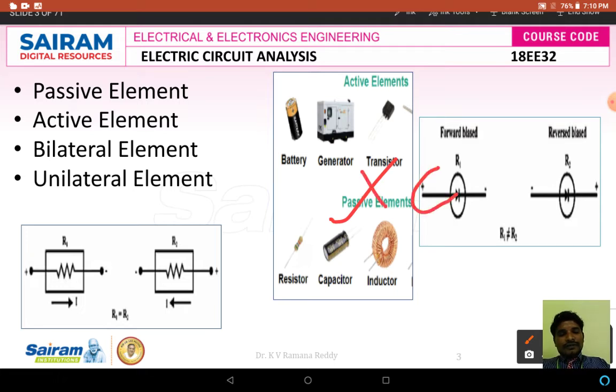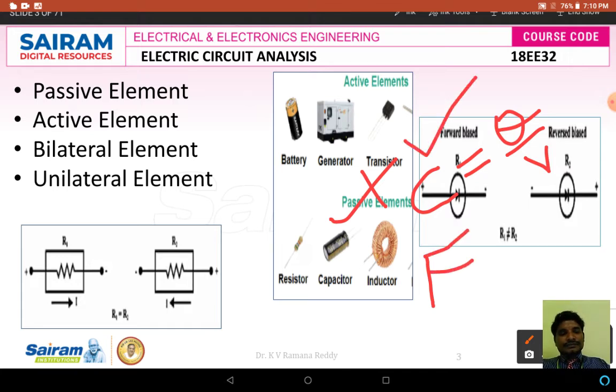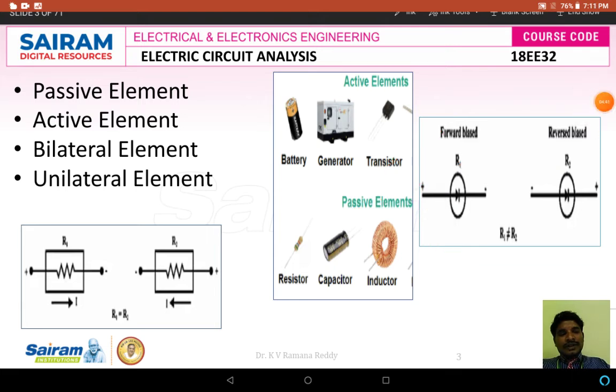For a capacitor, C is equal to Q by V, the unit of capacitance is farads, and capacitance is denoted with the letter C. We can also define capacitance as the amount of charge per unit voltage.